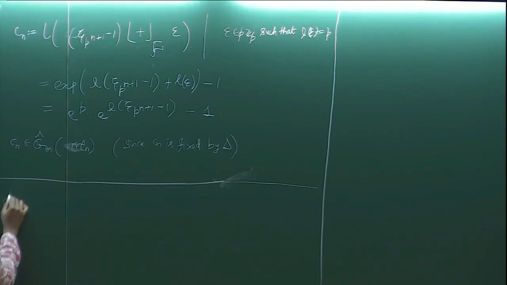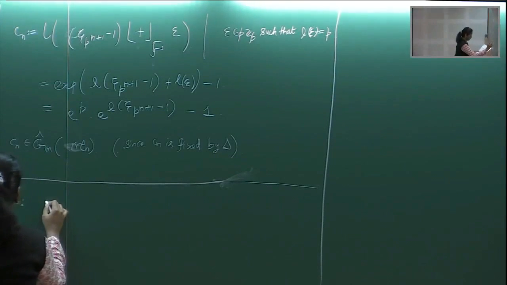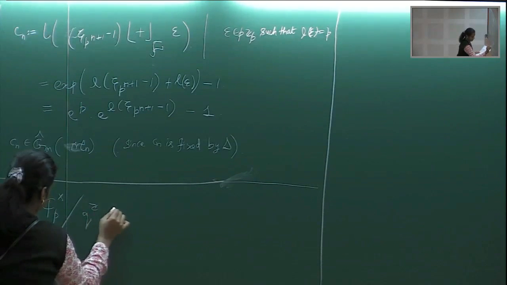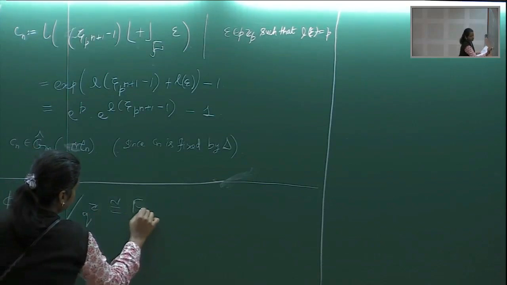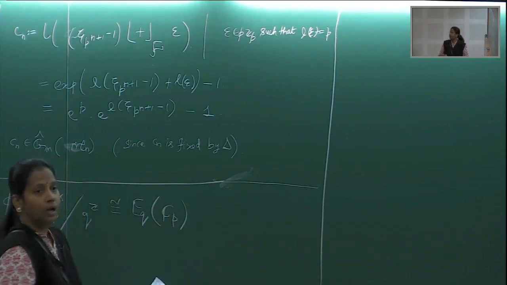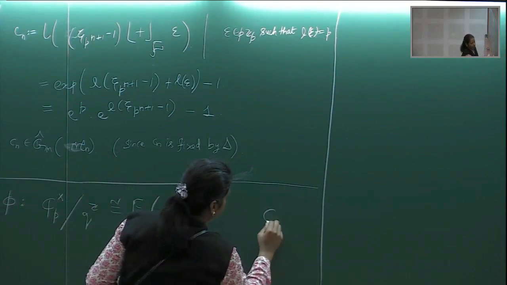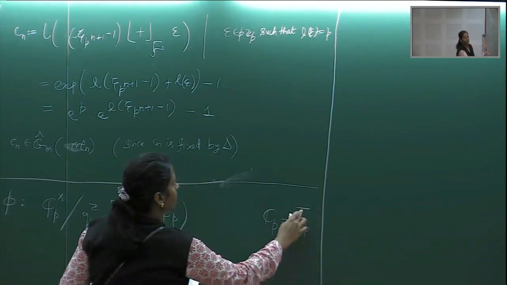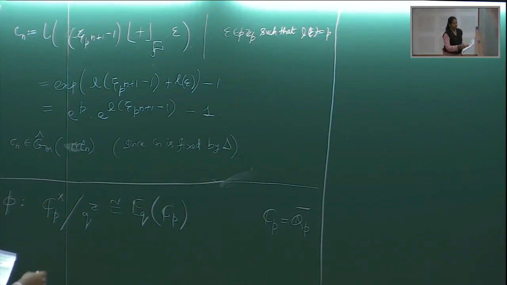Okay, then by Tate's periodic uniformization, I wrote the map phi, where C_p is the algebraic closure of Q_p. Q_p is complete and it's not algebraically closed.